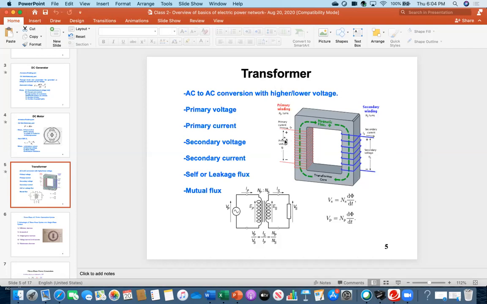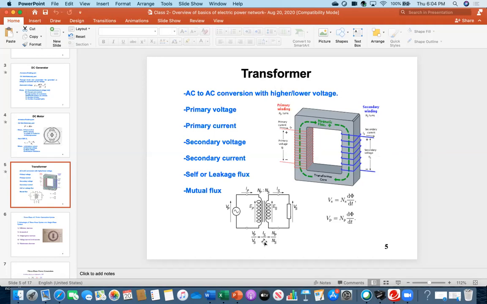But what I am saying is that the transformer can increase voltage. So the question arises, does this mean the energy will increase? No, energy will not increase. Energy will be the same. So that's why if the voltage increases, current decreases, or if the current increases, then voltage will decrease.